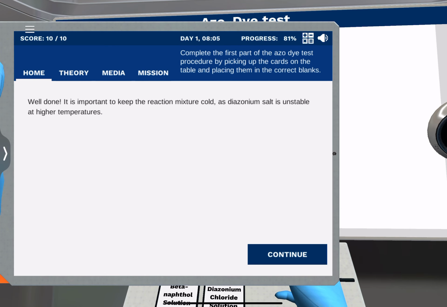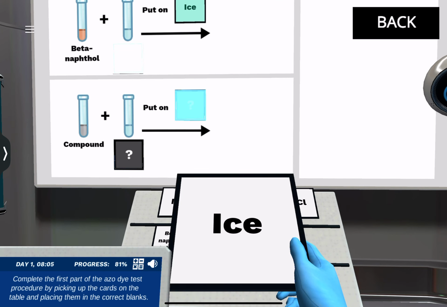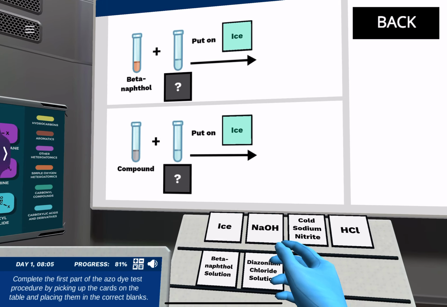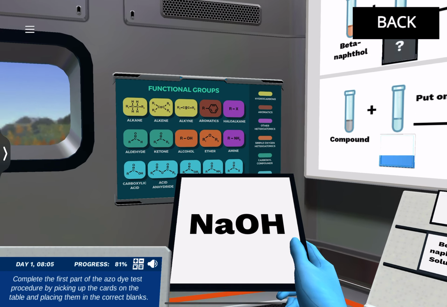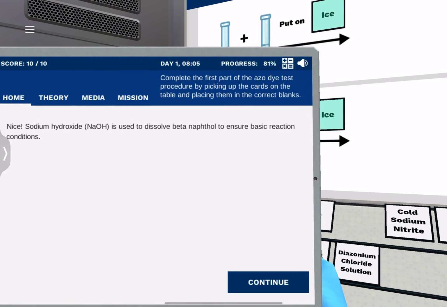Well done. It is important to keep the reaction mixture cold, as diazonium salt is unstable at higher temperatures. Nice.